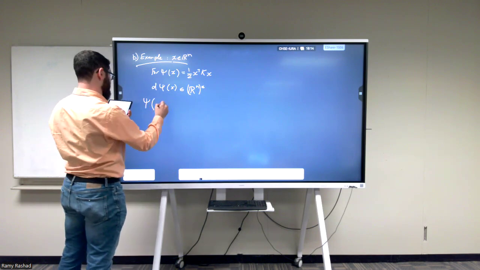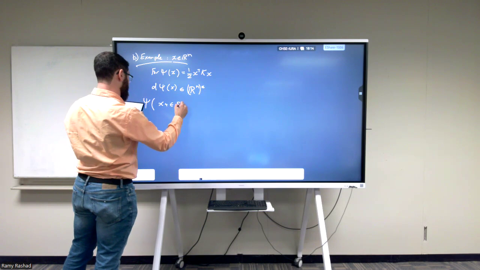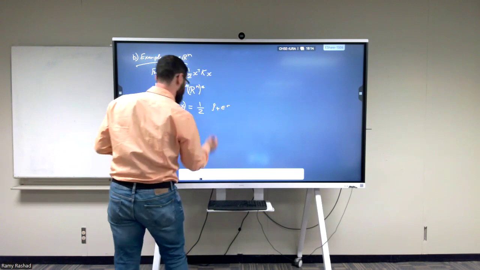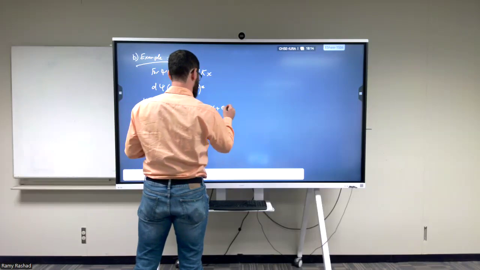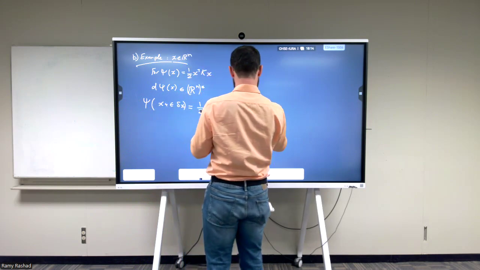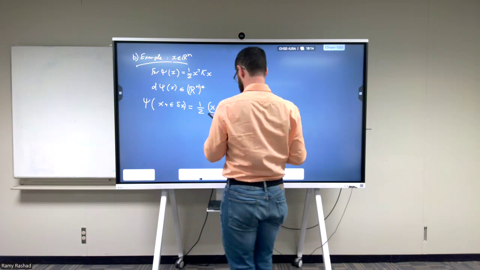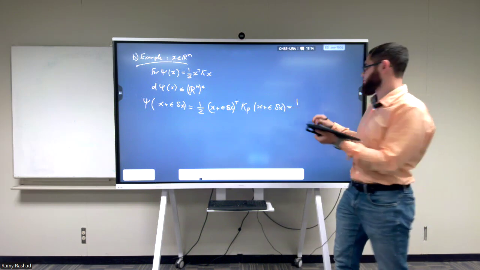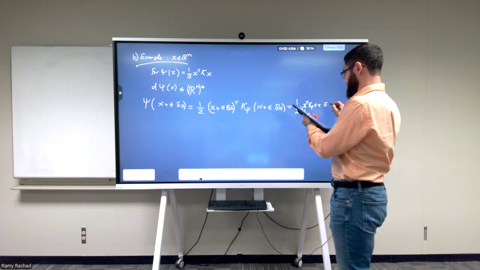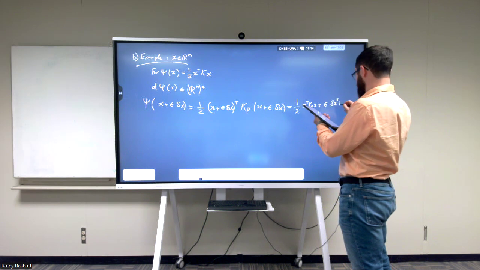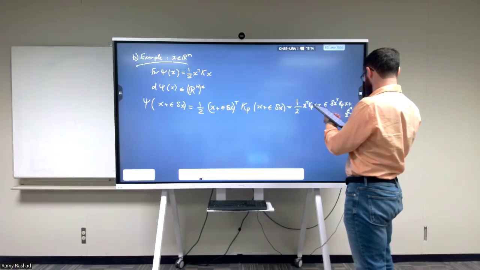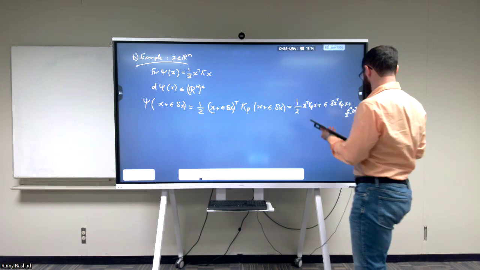So psi of x plus small epsilon multiplied by delta x is equal to half x plus epsilon delta x transpose kp times x plus epsilon delta x, which I can expand as half x transpose kx plus epsilon delta x transpose kp x plus epsilon squared over 2 delta x transpose kp delta x.